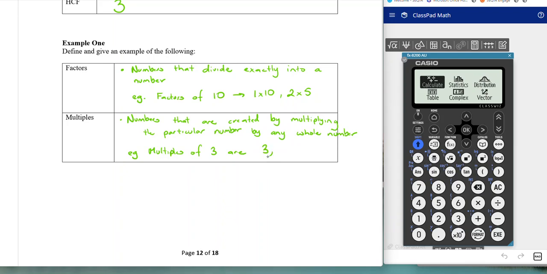The next one's going to be 3 times 2, so 6 would be my next multiple. 3 times 3 is 9. 3 times 4 is 12. 3 times 5 is 15. And you could go on forever because to multiples, times tables, you can go as big as you want. Okay, so we put those little dots at the end saying these can go for a very long time if I want to continue that pattern.